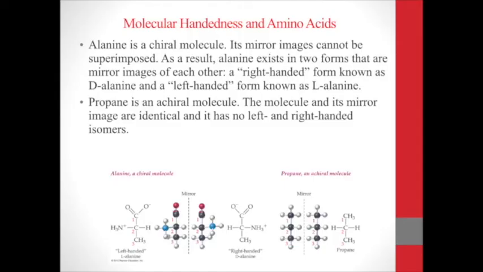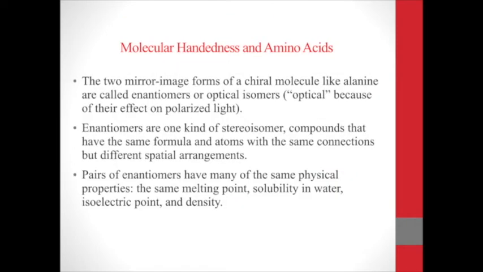So anytime you have two mirror image forms of a chiral molecule, we can call those enantiomers or optical isomers. So either one works. But they're just a kind of stereoisomer, which is an isomer that has the same molecular and structural formula but different spatial arrangements of their atoms.